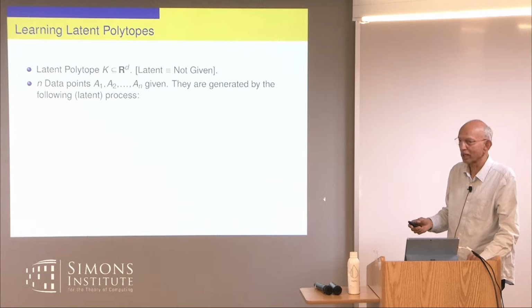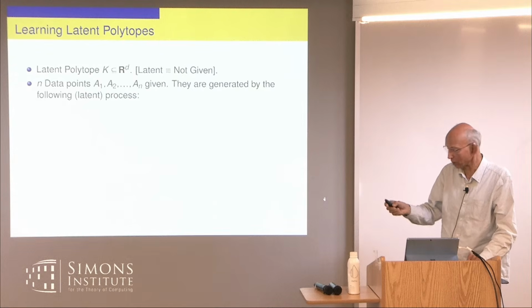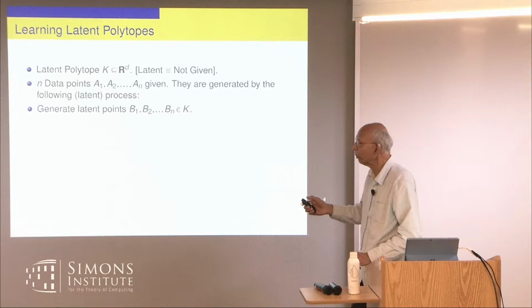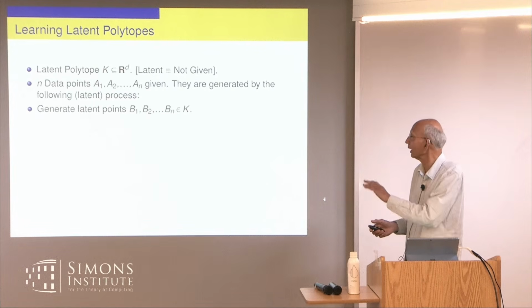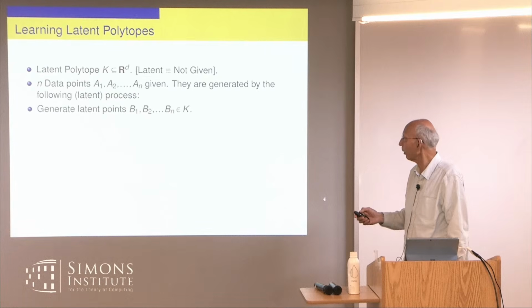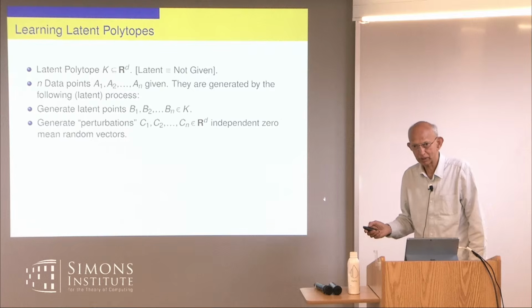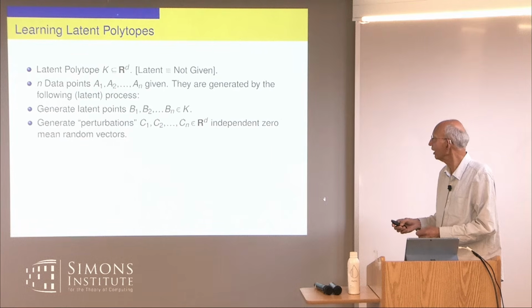They're generated by a latent process. The process is not given to you. You generate points in the polytope. I'll have a picture in the next slide, which might be more useful. But we generate latent points B1 through Bn in the polytope and generate perturbations, how we perturb each of them, C1 through Cn.